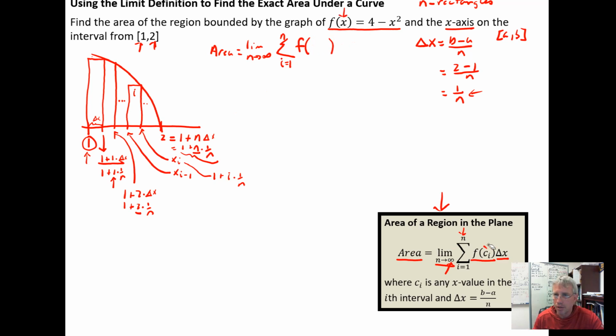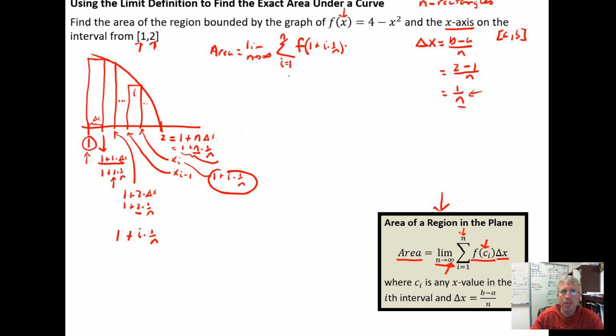So we need to represent the number for the ith interval that's getting plugged in. And so we want to recognize that it's really going to be 1 plus i times 1 over n that represents the ith right endpoint. So I'm going to plug in here 1 plus i times 1 over n, where 1 over n is just that width, or that change in x.